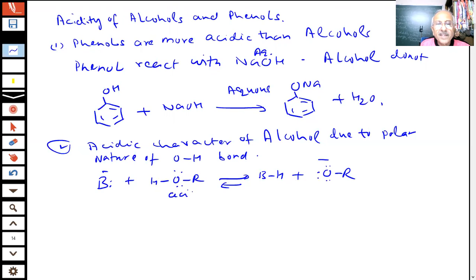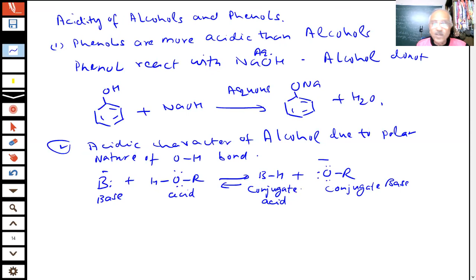This is the acid, then this is the conjugate base. According to Bronsted theory, this is the base, then this is the conjugate acid. We have already discussed the acid base conjugate theory, Bronsted theory, student.